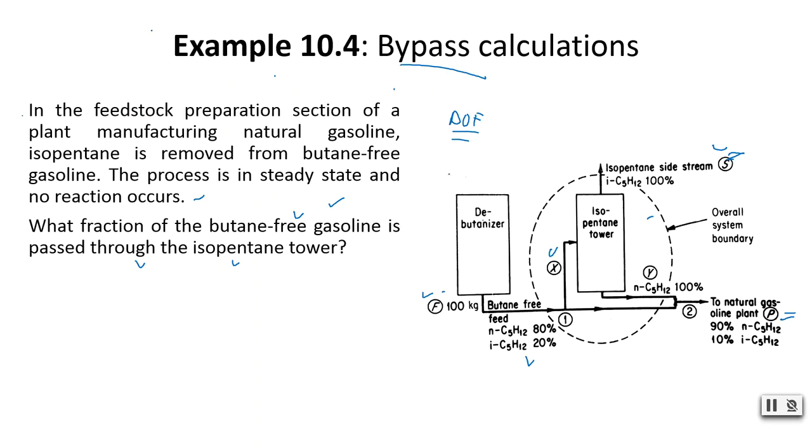We have here S equals 11.1 kg, and P we have 88.9. Now we are focusing on the balance of the isopentane tower here.